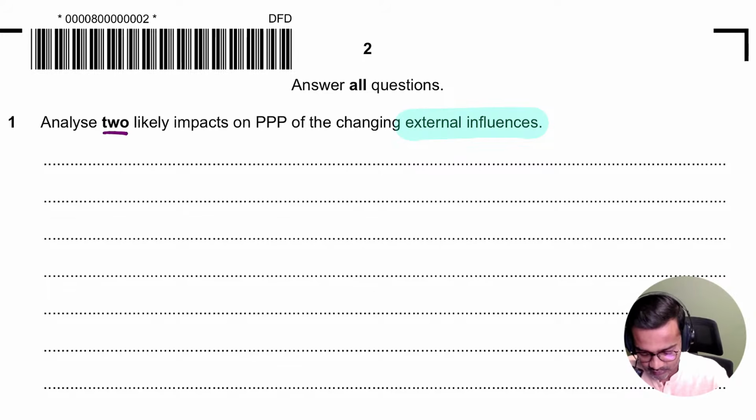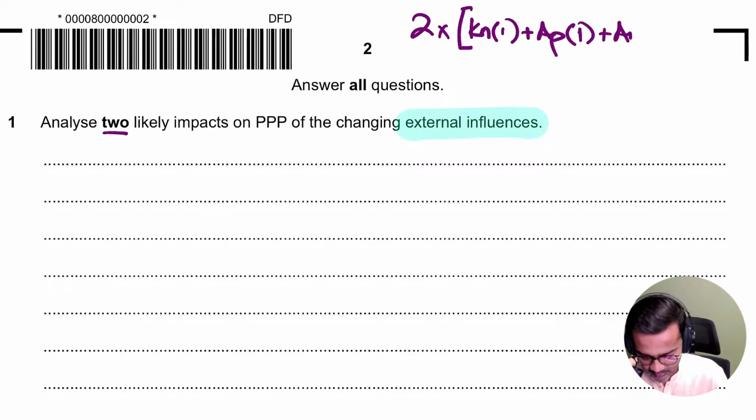So up on the top right of my screen, if you can focus there for a minute, if they're looking for 2 points, that means I need 2 paragraphs. And since this is an 8-mark question where 2 marks are for knowledge, 2 are for application, and 4 for analysis, what they're looking for are 2 paragraphs, each with a little bit of knowledge, a little bit of application, and developed analysis.